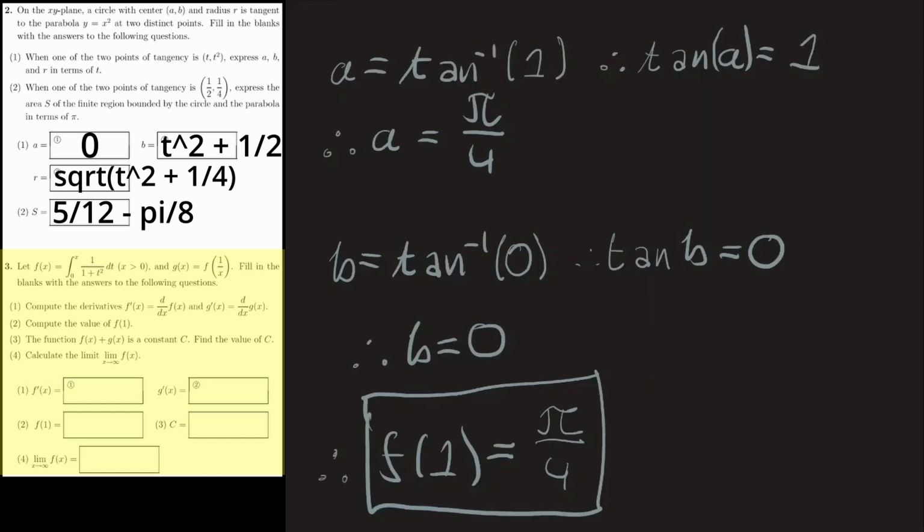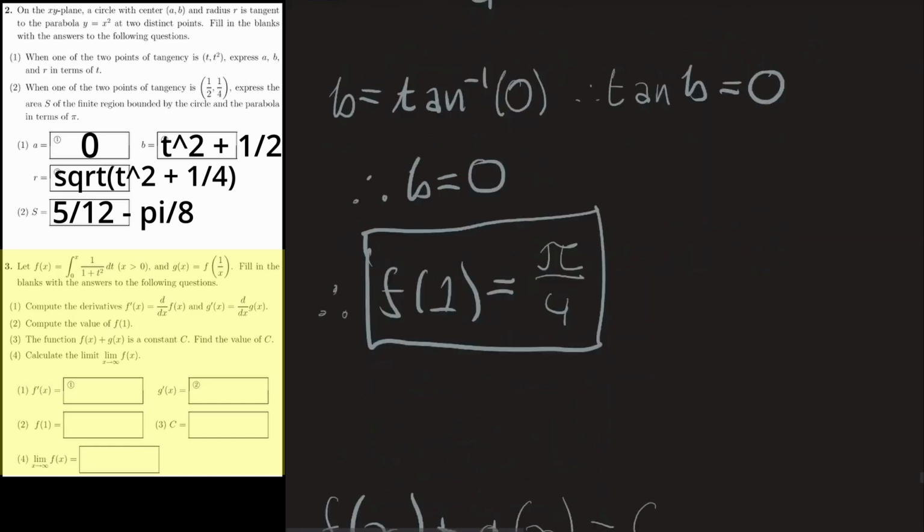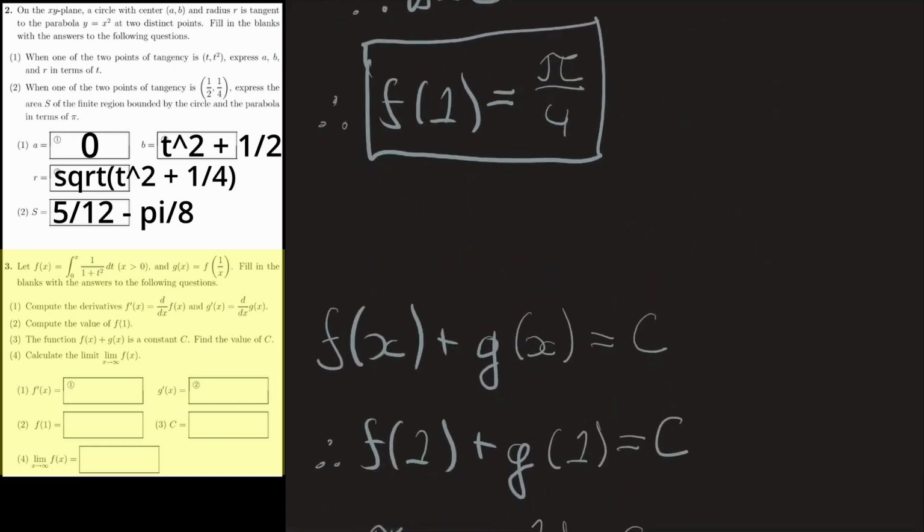So next it says that f of x plus g of x equals a constant c. What this means is that no matter what x value you use, f of x plus g of x will always equal c. That means we can use whatever x value you want to find c. And you'll notice that by far the easiest x value to use for this is just 1.